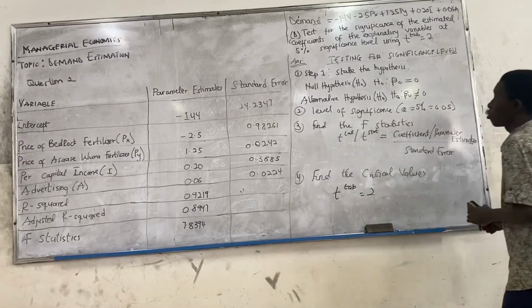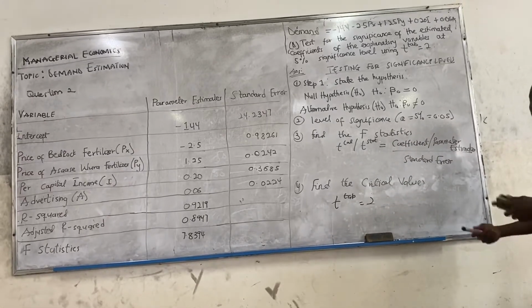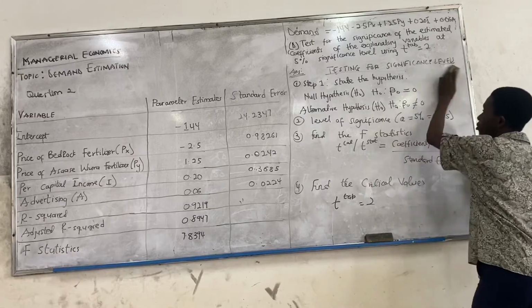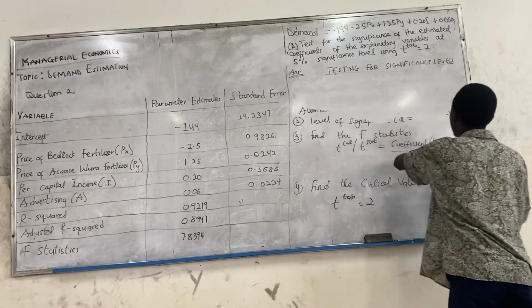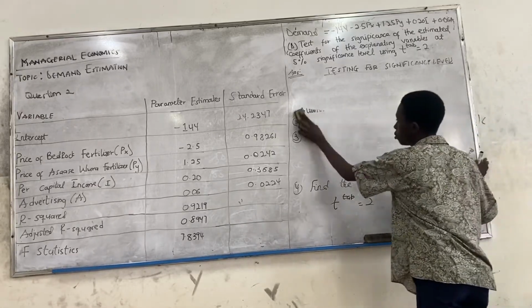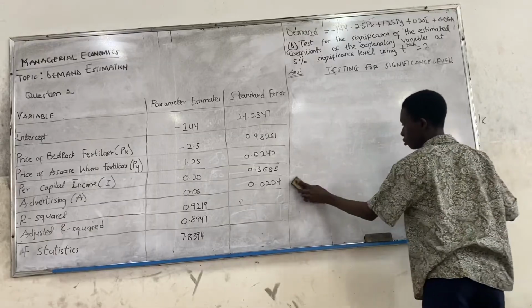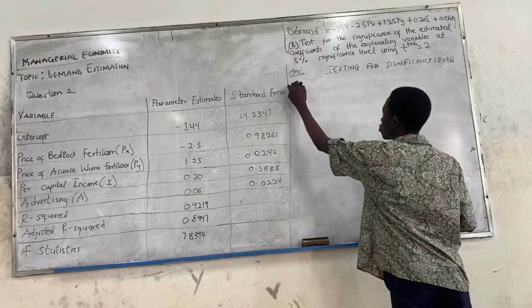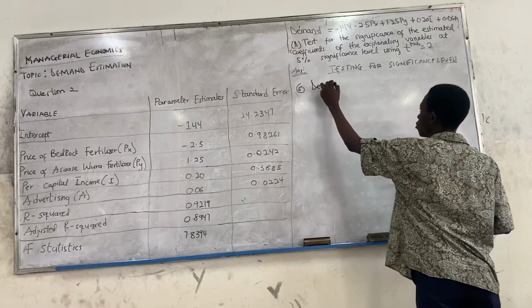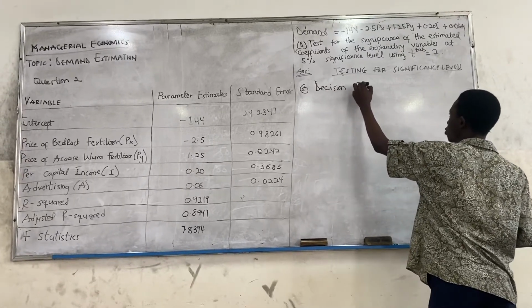So we are moving on to step 5, which is the decision rule.